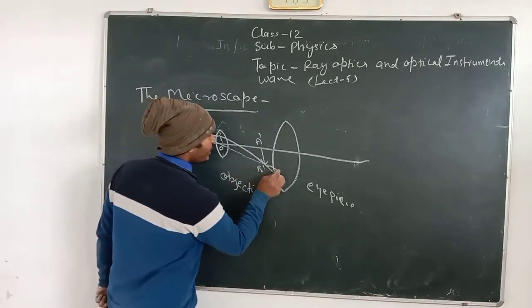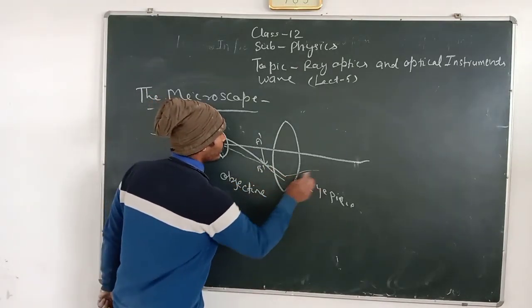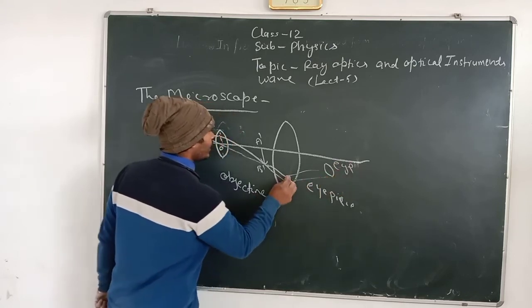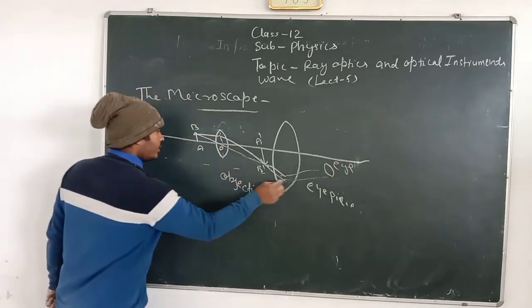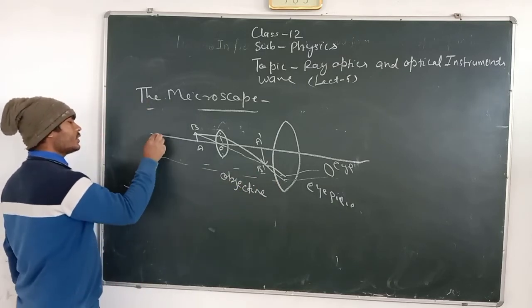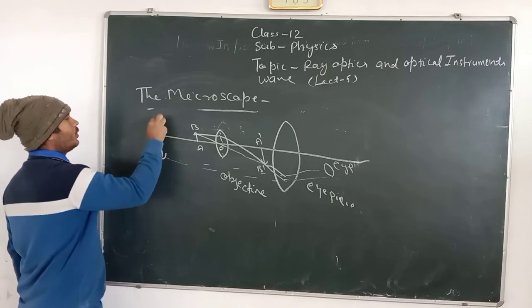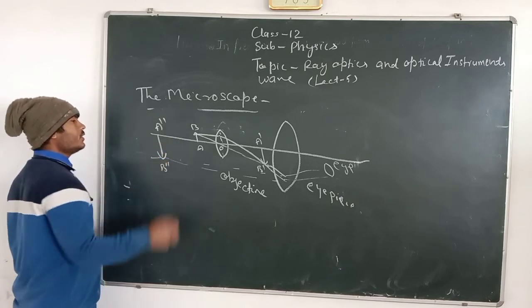Finally, this ray will, after refraction, pass through the eye. Let us suppose it is your eye, and they will intersect here. So the image A double dash B double dash is formed.